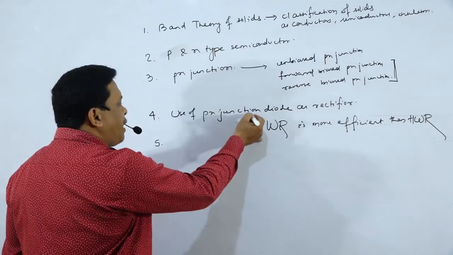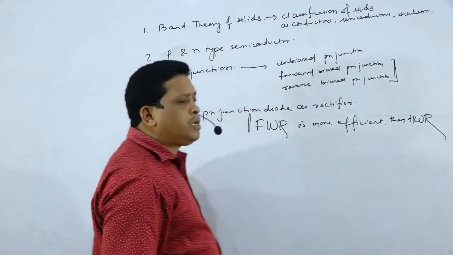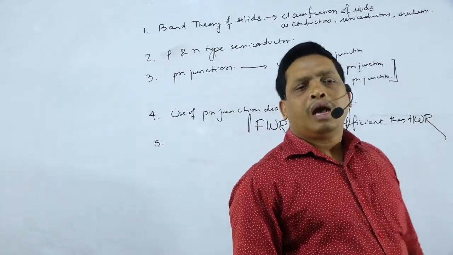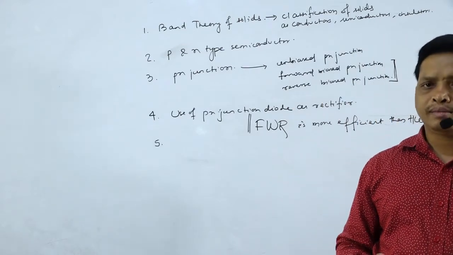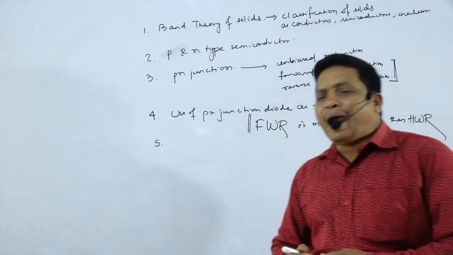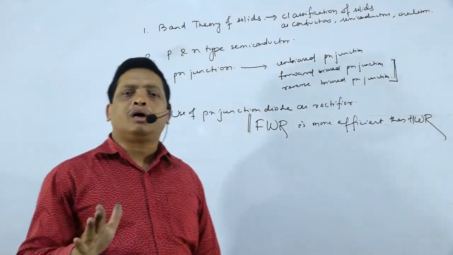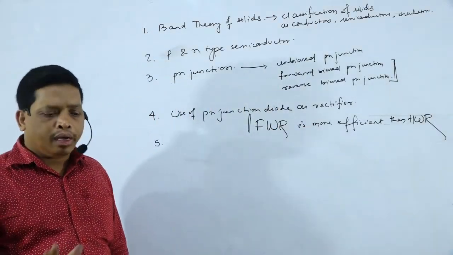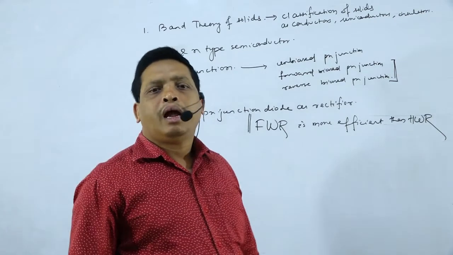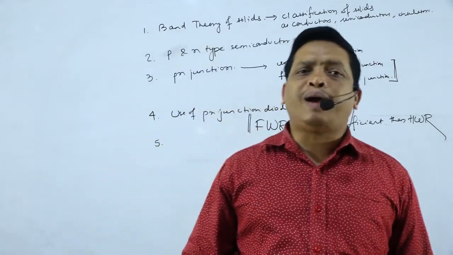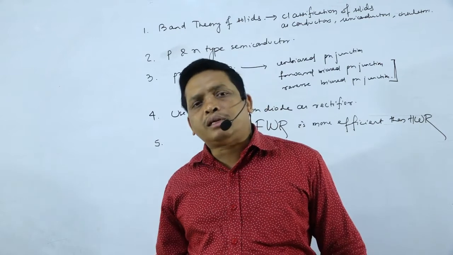But we found that this PN junction diode has no controlling effect. It simply acts as a switch, because when the PN junction is forward biased, it conducts heavily, and when it is reverse biased, it practically does not conduct.